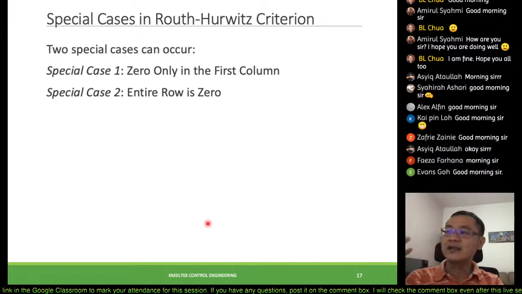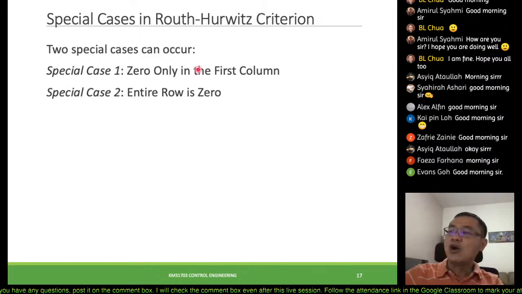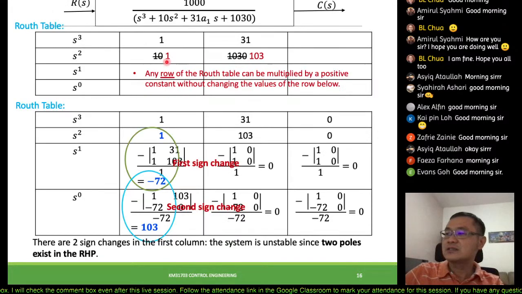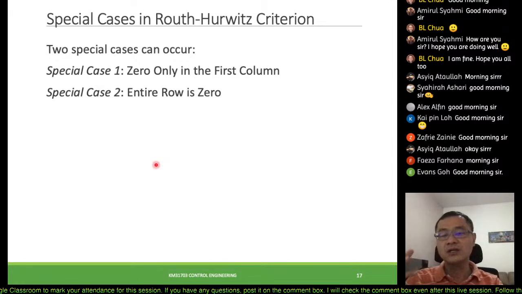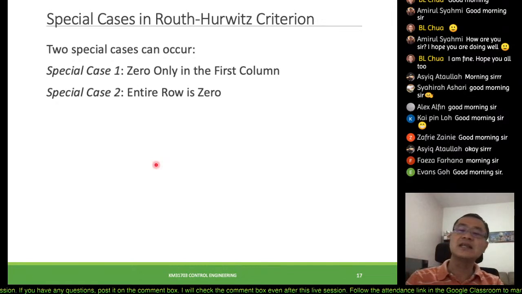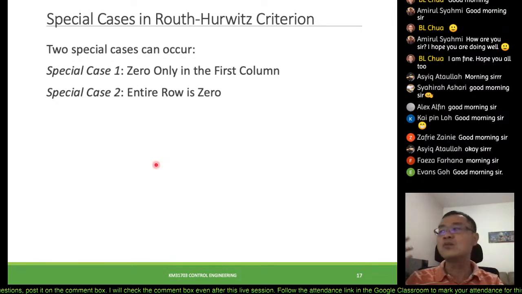Okay, so there are these two special cases, okay, when zero occurs either in the first column, because remember we always divide by the first column number right above it. Okay, so when the first column number becomes zero, then problems occur, so we need to deal with that. Or the other special case is that the entire row is zero. Okay, then what does it tell us. Okay, so there are two special cases that occur.